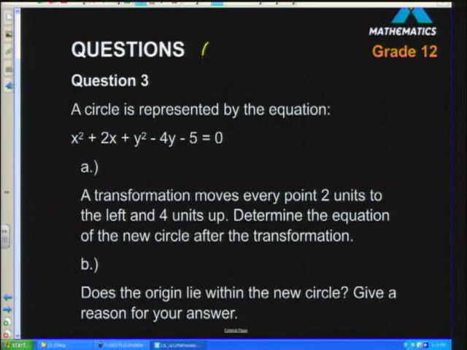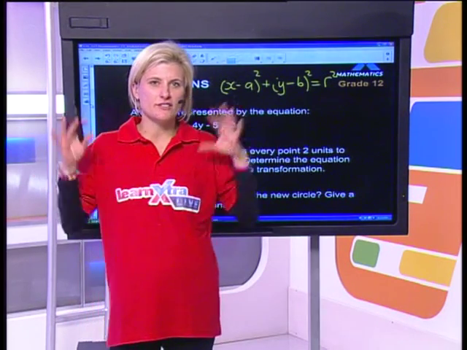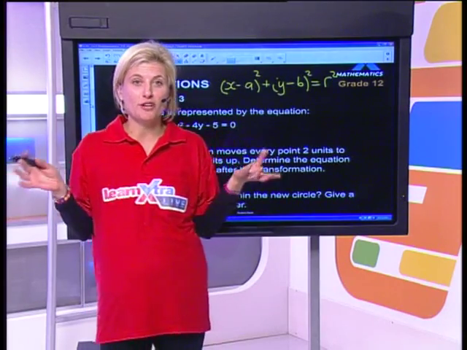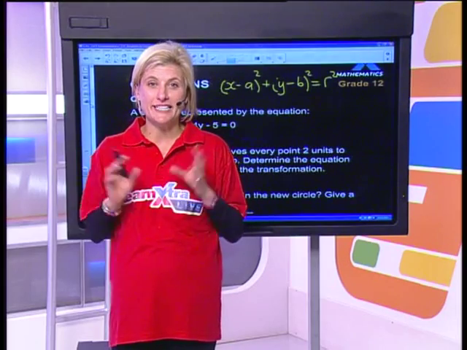So standard form would be x minus a squared plus y minus b squared is equal to r squared. Now, to me, this is one of the most important skills when you're working with circles, because until you can put the equation of the circle into standard form, you won't know much about the circle. You won't know where its midpoint is, and you won't know the length of the radius either.